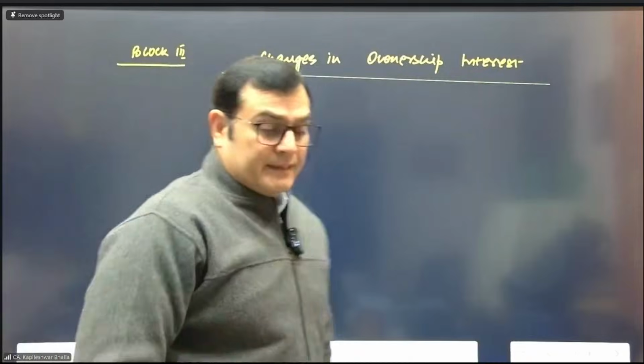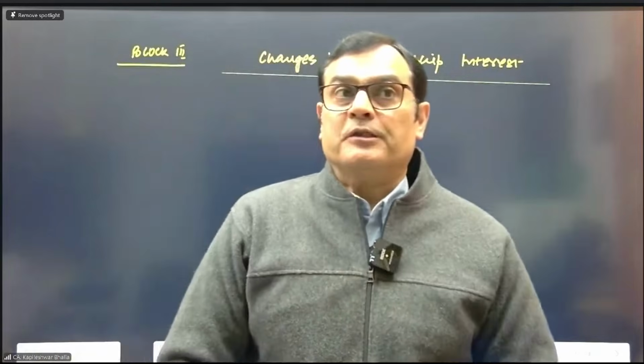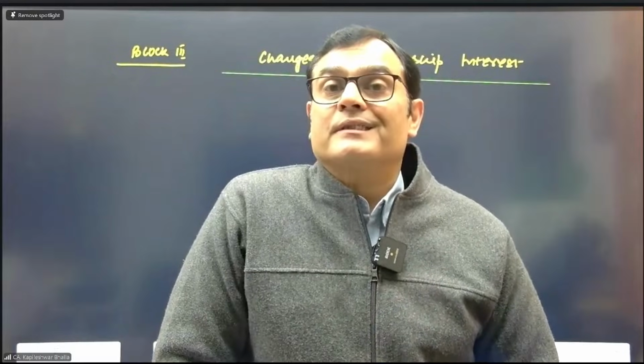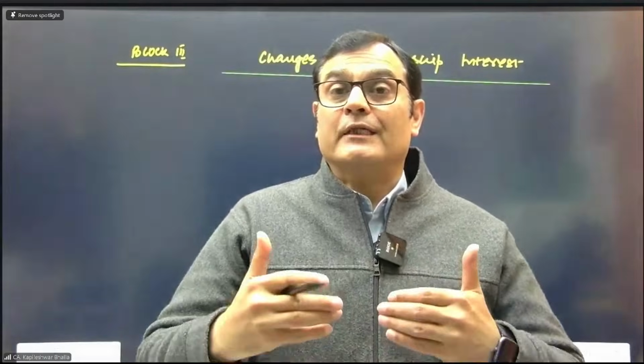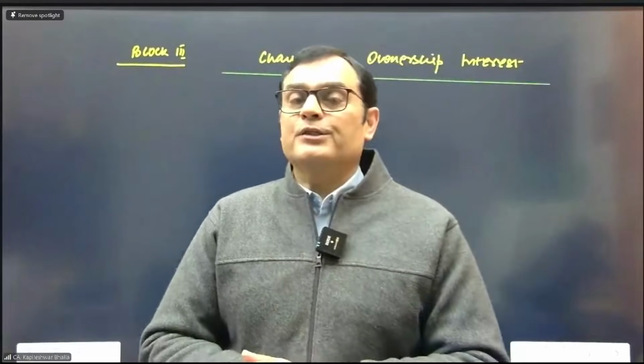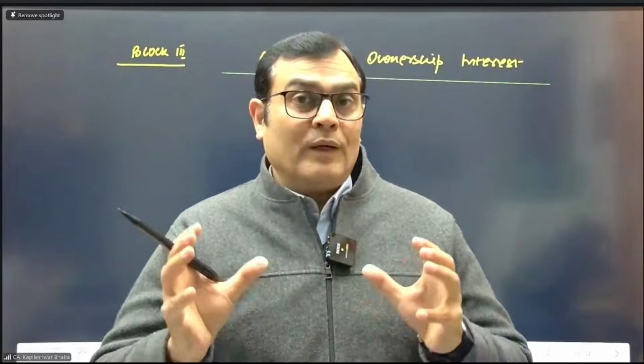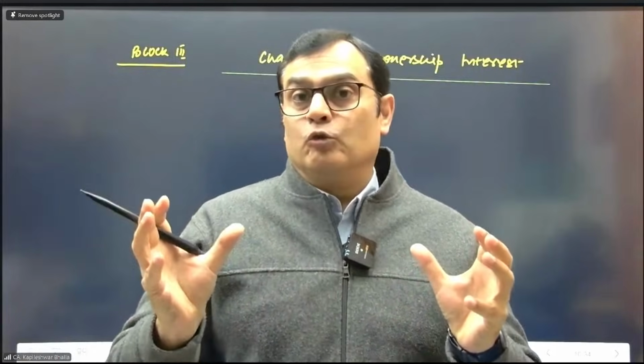Now, when I say that there are changes in the ownership interest, I would say there are broadly 2 cases. One is that it results in a further acquisition, and the other is that it results in a disposal. So I would divide the entire discussion into 2 parts.